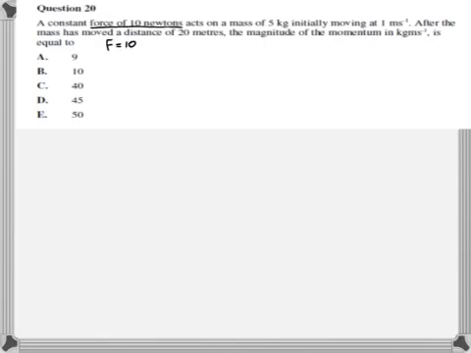First off, we've got a force of 10 newtons, a mass of 5 kilograms, and initially moving, so an initial velocity u of 1 meter per second. And x, our displacement, is the distance of 20 meters. Our job is to find the magnitude of momentum, that is, just the size.